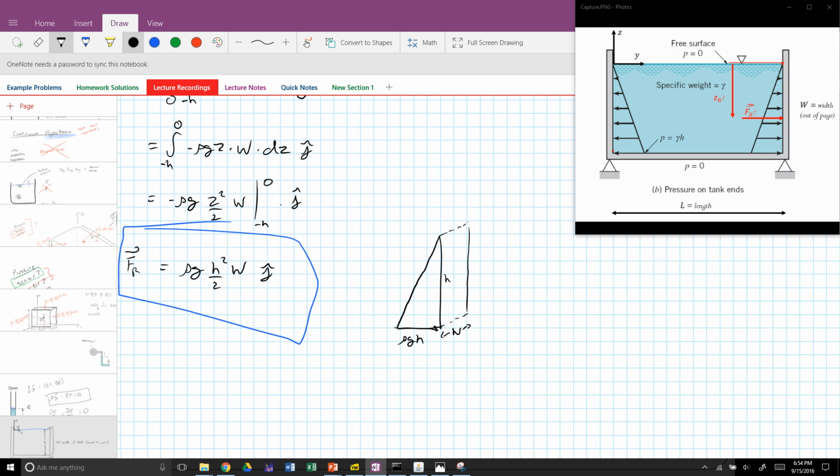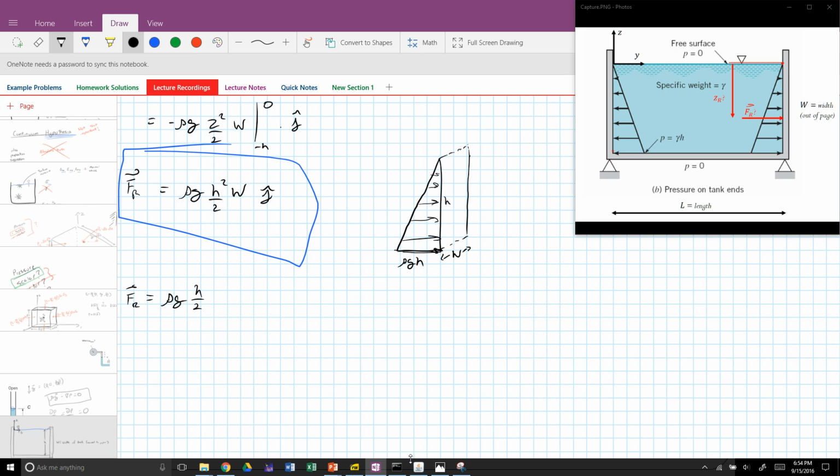There's another way to think about this as well, and this is the one that is even more important than the pressure prism. We can go ahead and write the resultant force is equal to rho g h over 2 times wh.